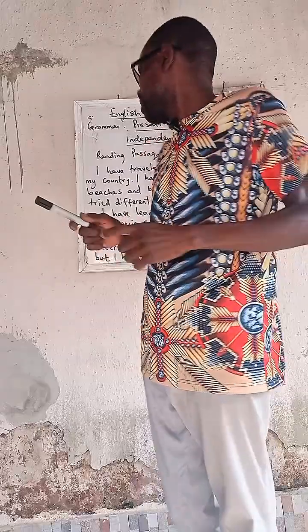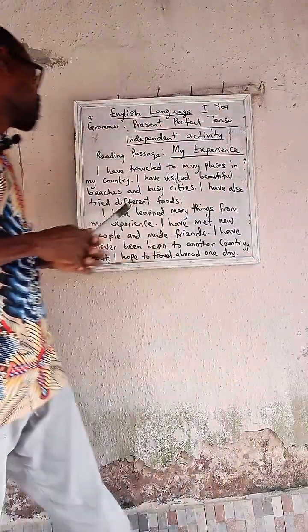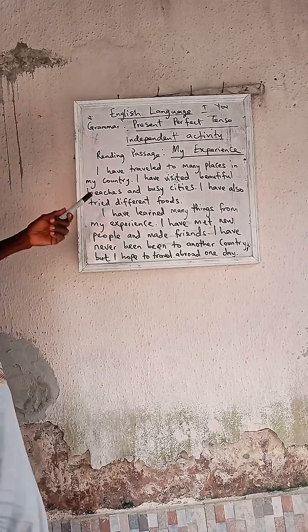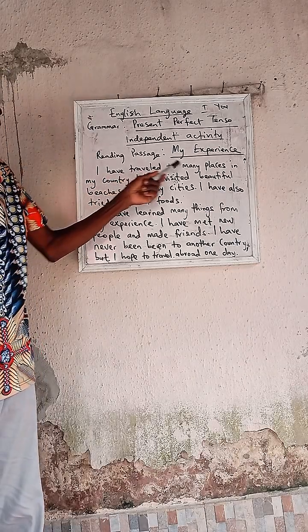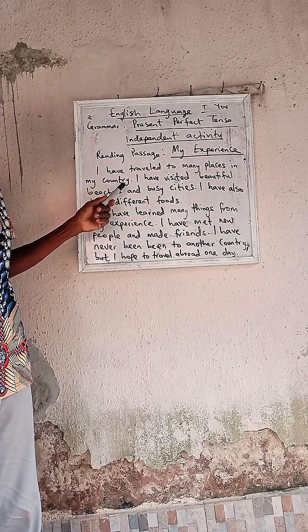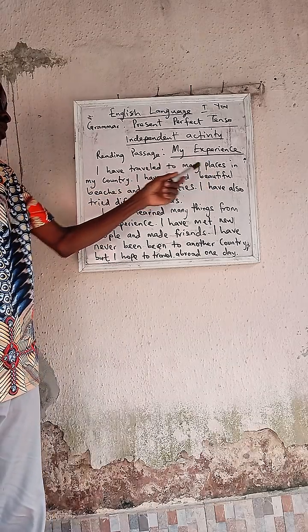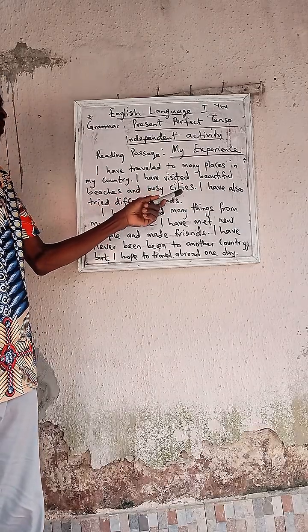Clap yourself. Okay, now we're going to have this reading exercise, the reading activity. So you read it after me. I have traveled to many places in my country. I have visited beautiful beaches and busy cities.